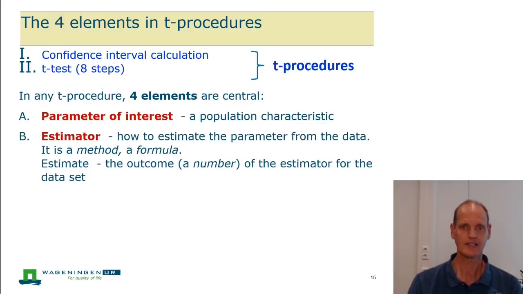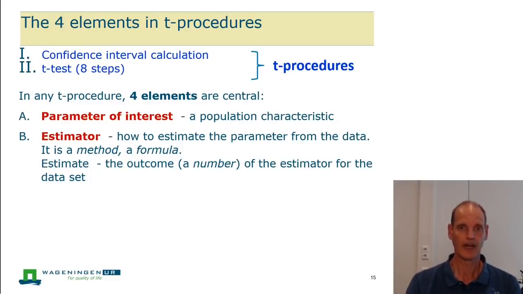Second is the estimator, which tells us how we estimate the parameter from the data. The estimator, you could say, is a method or a formula. In the first example that we had, we estimated the population mean body height by the sample mean body height. So y bar, the sample mean, was the estimator for mu.